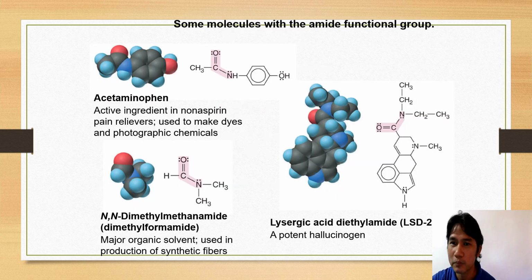So these are examples of compounds that contain an amide: acetaminophen, and lysergic acid, a potent hallucinogen or LSD. This is the complex structure. You notice that there's the presence of an amide group.